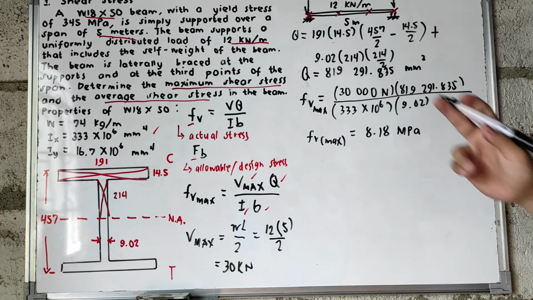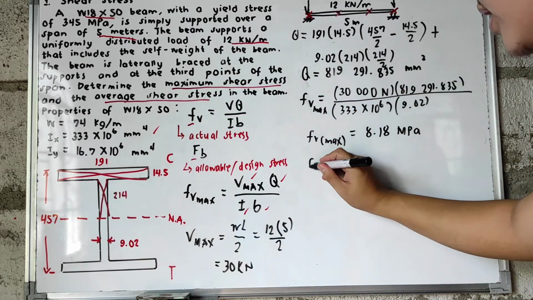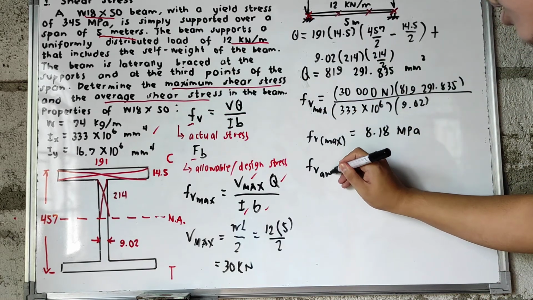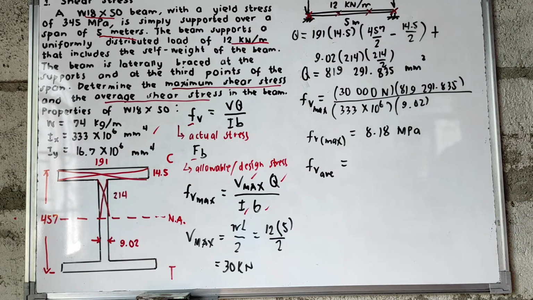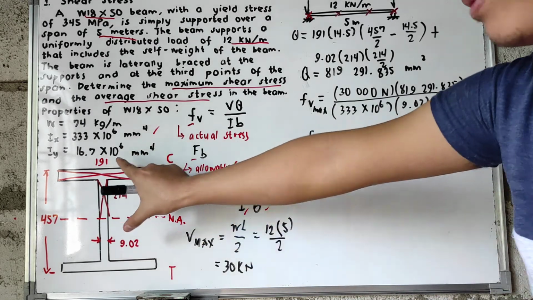Next naman, yung pagkuha naman ng average shear stress. So, dun sa diagram natin, sa shear stress, we can denote na yung halos nagre-resist sa shear stress natin is yung web natin.